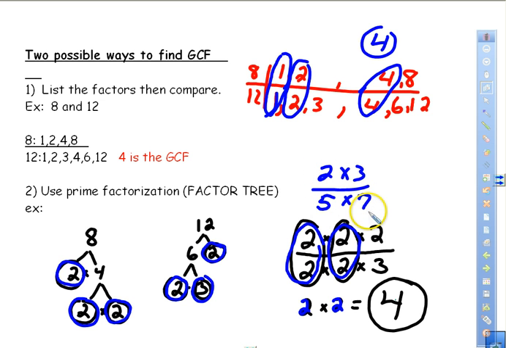Since there's nothing common, there's only one number that will always be common, and that is 1. As you see up here when we list them, we always have a 1 because of 1 times itself. So if we were comparing 6 and 35, that's what this right here is, the prime factors of it. Then we would end up just with a common factor of 1 to be my GCF.